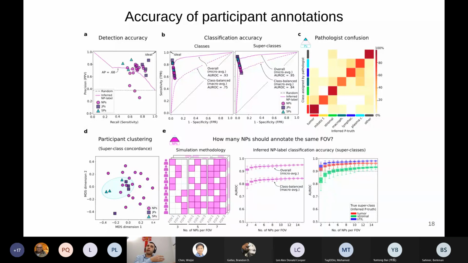The fewer people are annotating the same image, but this is dependent on how difficult the problem is. For detection of stromal nuclei, for classification of stromal nuclei, that's when you need more people. Yeah, and I just wanted to emphasize that that's really something that should be paid more attention to, because there is this idea that, regardless of the task, you can use the same number of truthers.